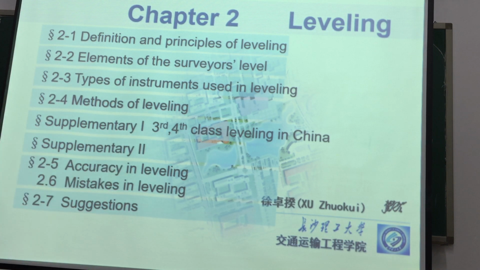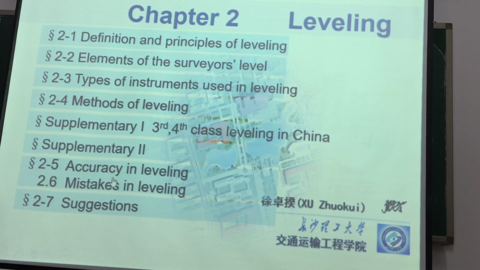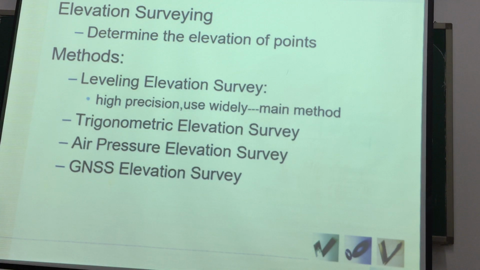Okay. And then accuracy in leveling and mistakes in leveling and some suggestions. Okay. First, elevation survey. If you want to do a survey for elevation, that means we want to determine the elevation of points.